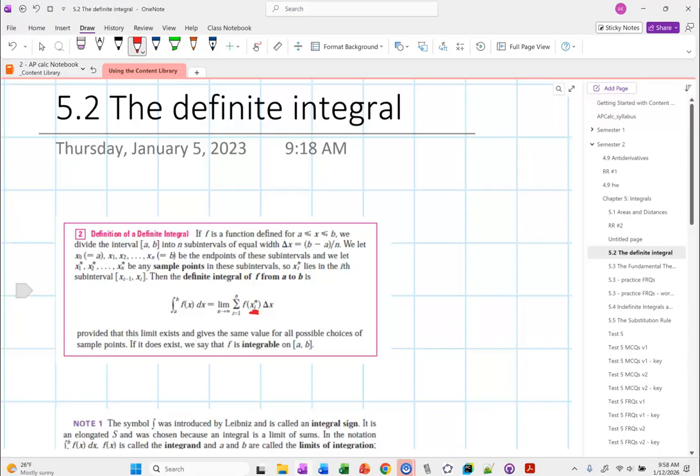So we use x i star there. And then remember, delta x was this (b minus a) over n, right? We're going to give this formula a name. We're going to call it the definite integral from a to b of f of x.